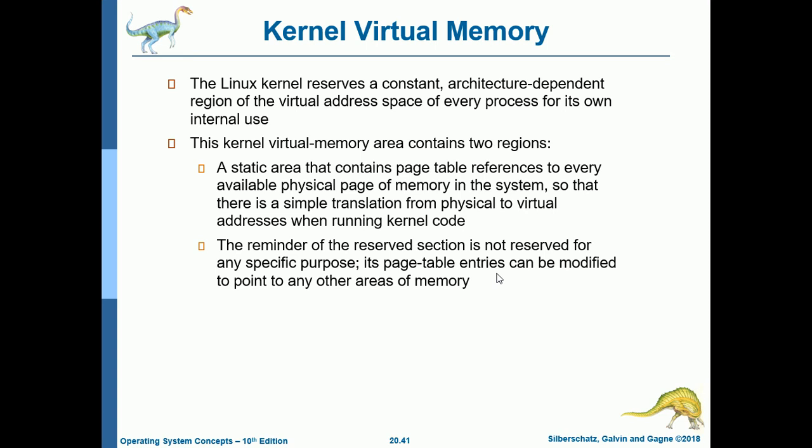First is the static area that contains page table references to every available physical page of memory in the system, so that there is a simple translation from physical to virtual addresses when running kernel code. The other region is the remainder of the reserved section, which is not reserved for any specific purpose. Its page table entries can be modified to point to any other areas of memory.